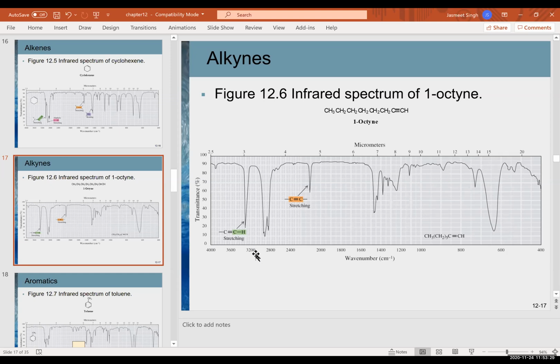So any question about how to analyze IR spectra of alkanes, alkenes, or alkynes? The similarities and the differences. Can anyone name the similarities between these three spectra? Any two peaks which are similar? Give me the position where the similar peaks will appear, at what range?